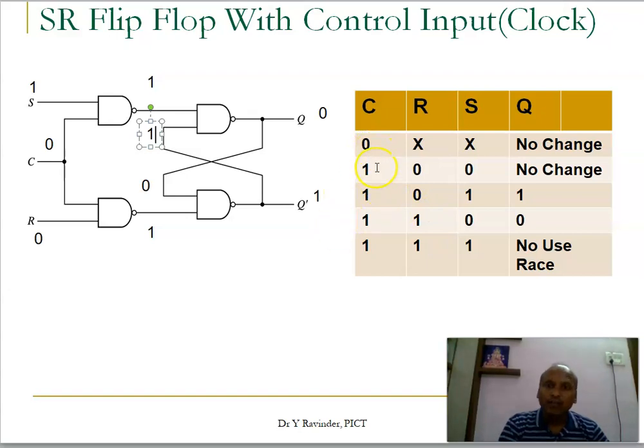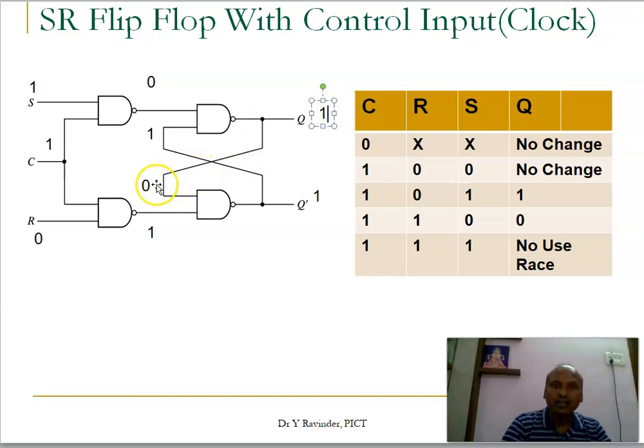Now when I make this 1, so this is 1, this is 1, right? Now this will not decide. If this is 1 and this is 1, this will be 0. If this is 0, this will automatically be 1.